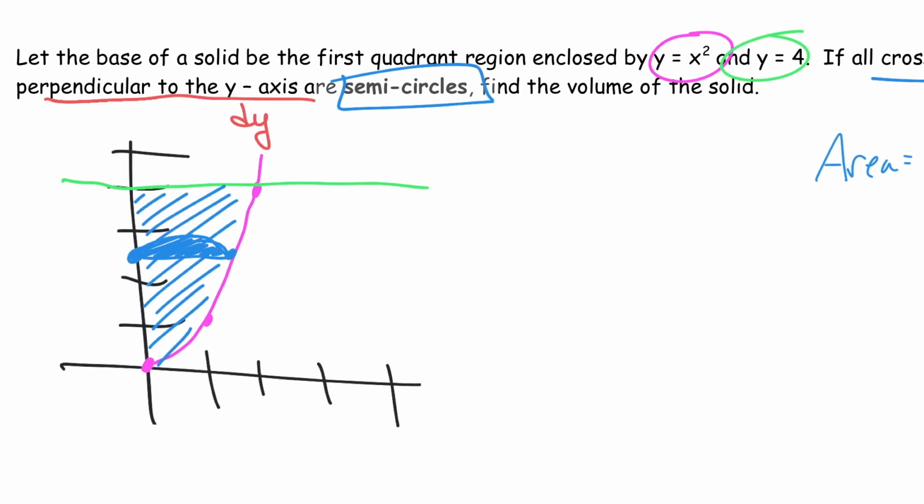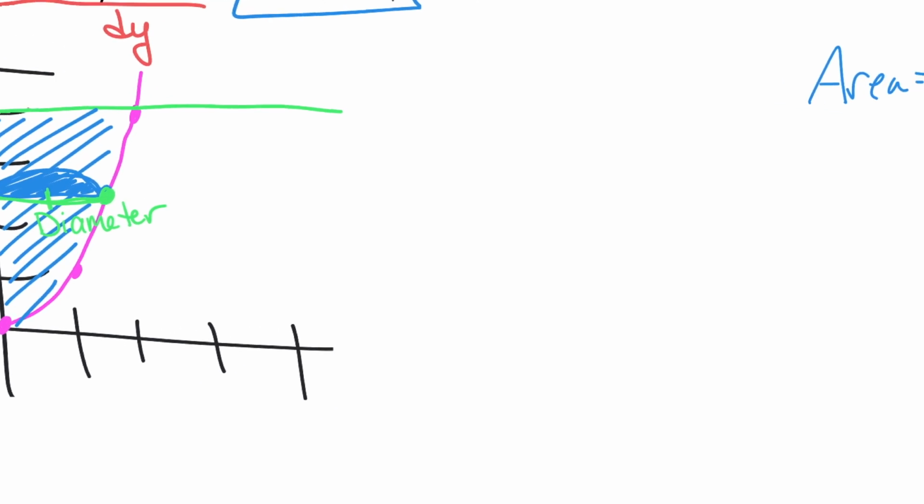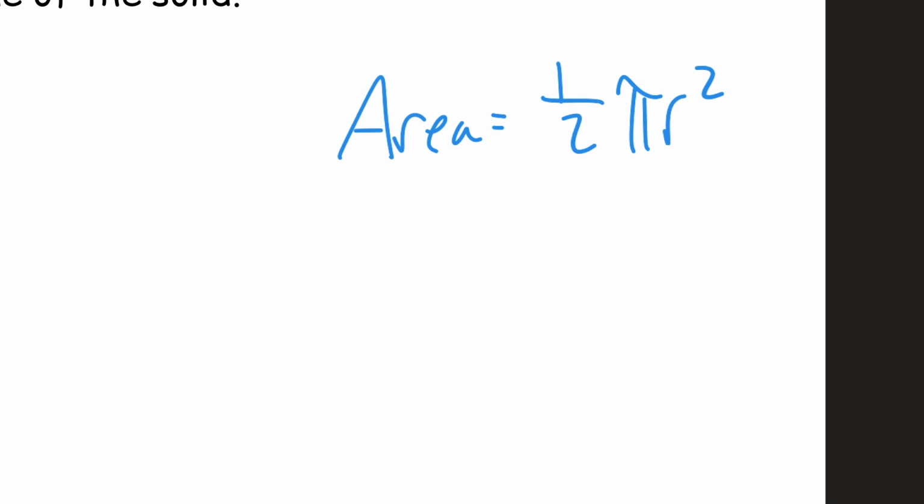And the tricky part with this problem is that this length here is actually going to be the diameter of our semicircle, because if it's sticking up, that's that full length.